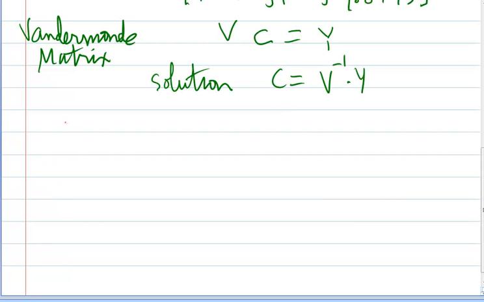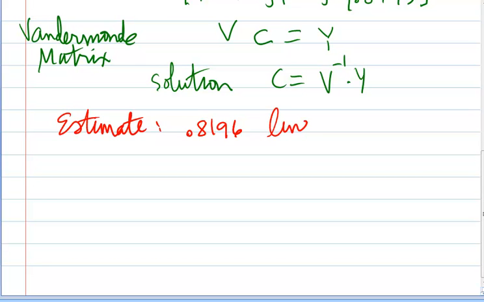So my estimate here is going to be 0.8196, and that's from the linear interpolant. Now, how accurate is that estimate? And is this linear interpolant the best choice to find my estimate?